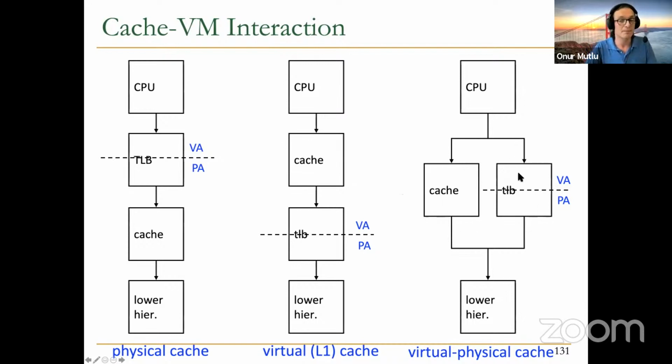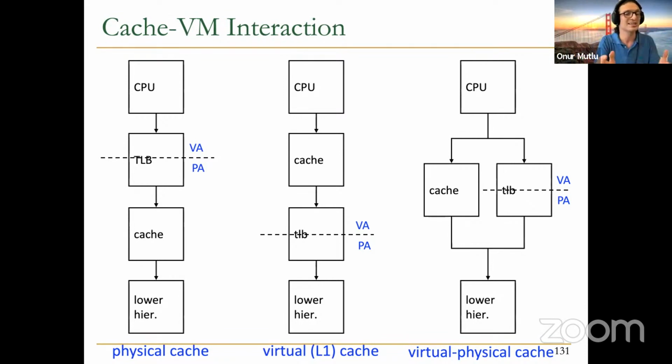Usually you do a compromise that looks like this, a virtually indexed, physically tagged cache, where you access the cache concurrently with the TLB, and then you do the tag check using the physical address. Now, for this to work, you need to design your cache carefully such that the virtual index doesn't change during translation.